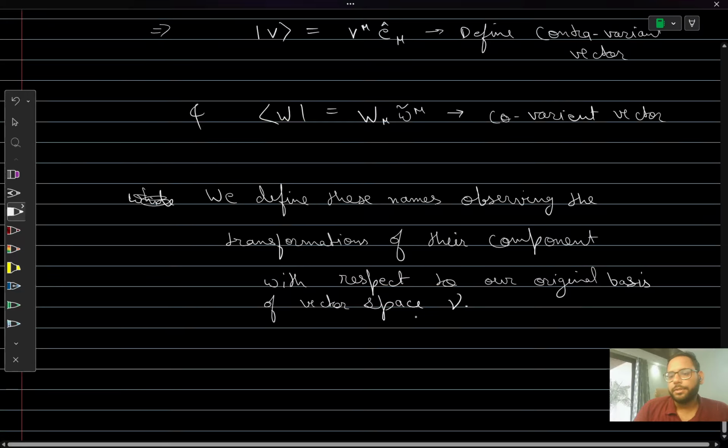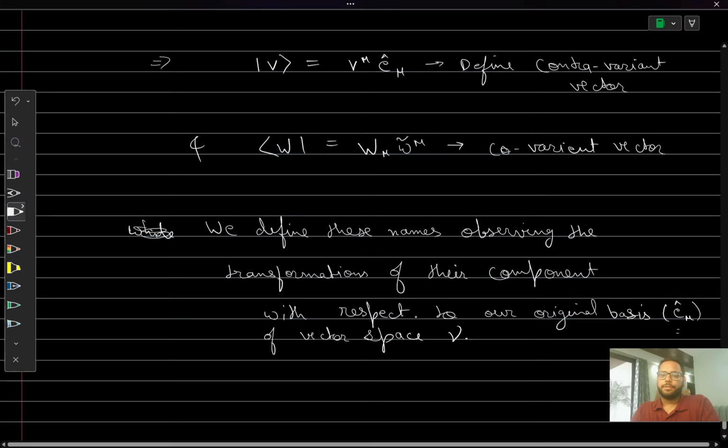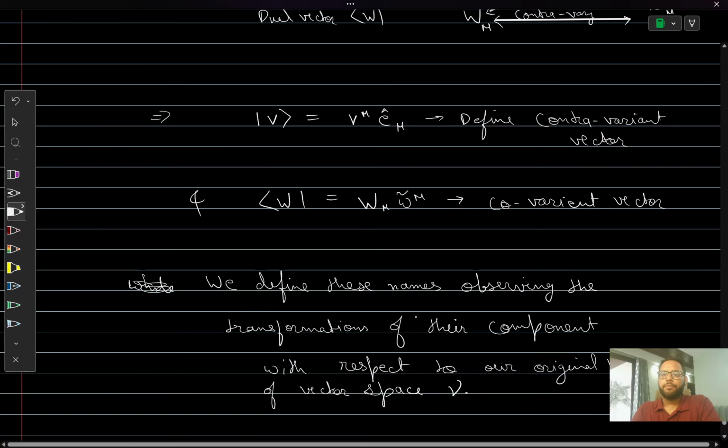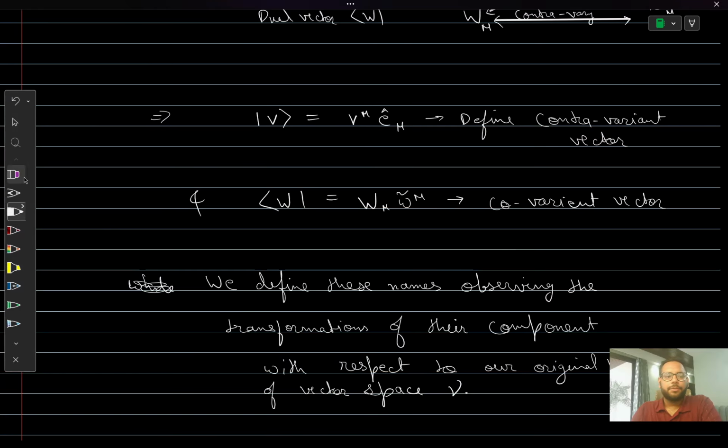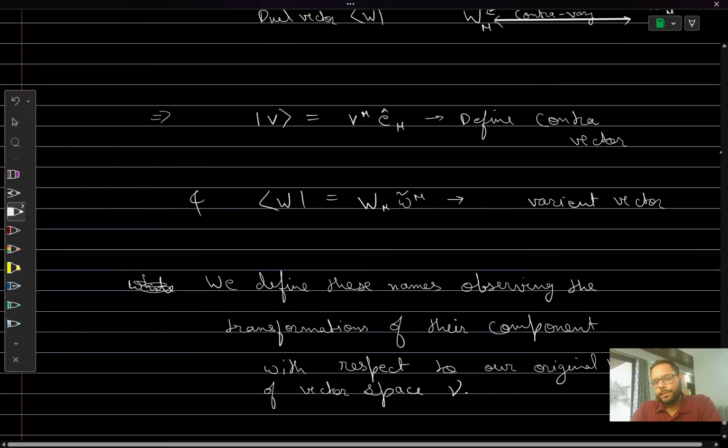The original basis is this one. With respect to this, this is a contravariant vector, so I should not write it like this. Let me write it combined. This is a contravariant vector, this is a covariant vector.